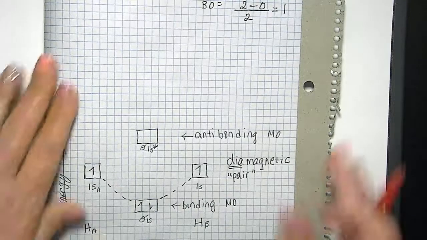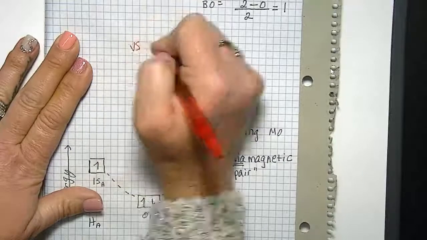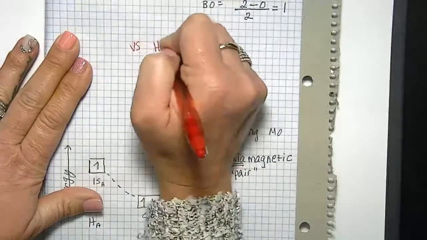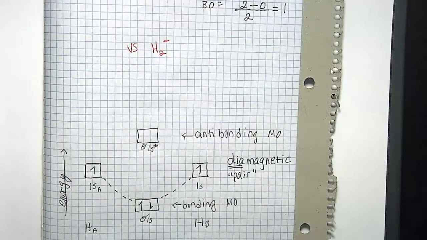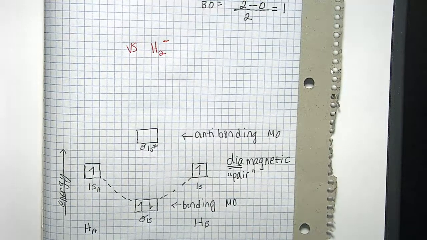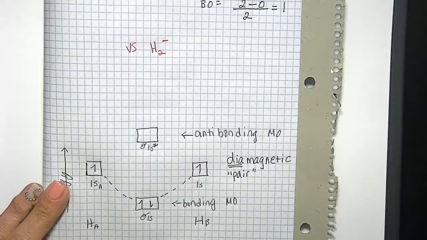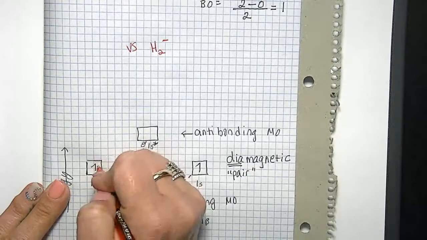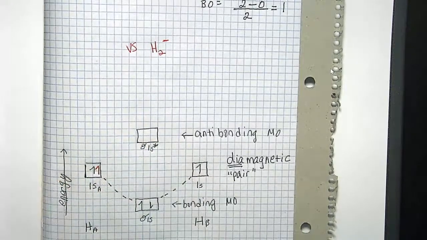to H2 minus. If I have H2 minus, that means I have gained an electron. There's an extra electron there. So we'll just say, for sake of argument, that it's going to be HA has that second contributing electron.